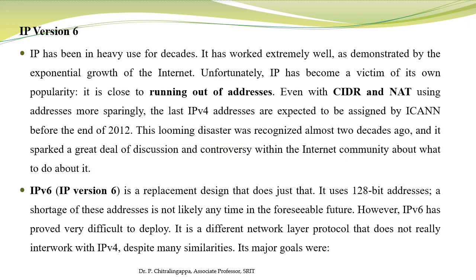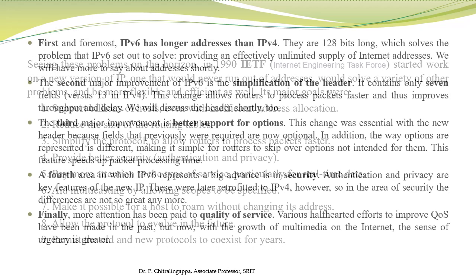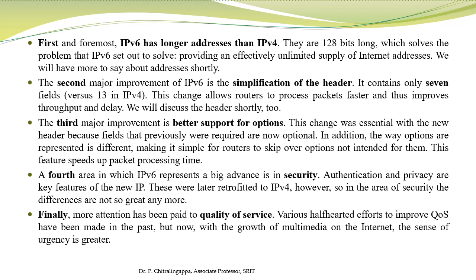IPv6 is also one of the important topics. Now everyone is migrating from IPv4 to IPv6 because of the scarcity of IPv4 addresses. IPv6 has 128-bit addresses. So why are we moving to IPv6? IPv6 has a larger, longer address than IPv4.